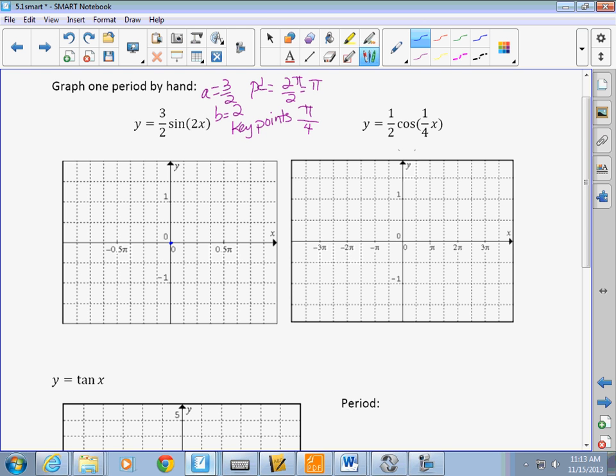Like the unit circle, it's got 4 main coordinates, right? 0, 1, 0, that's why you have 4. Yes. If you want to think of it that way.